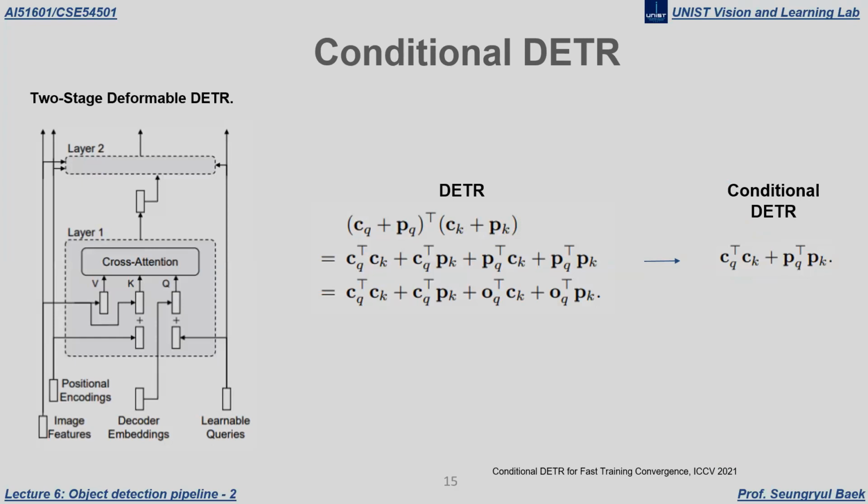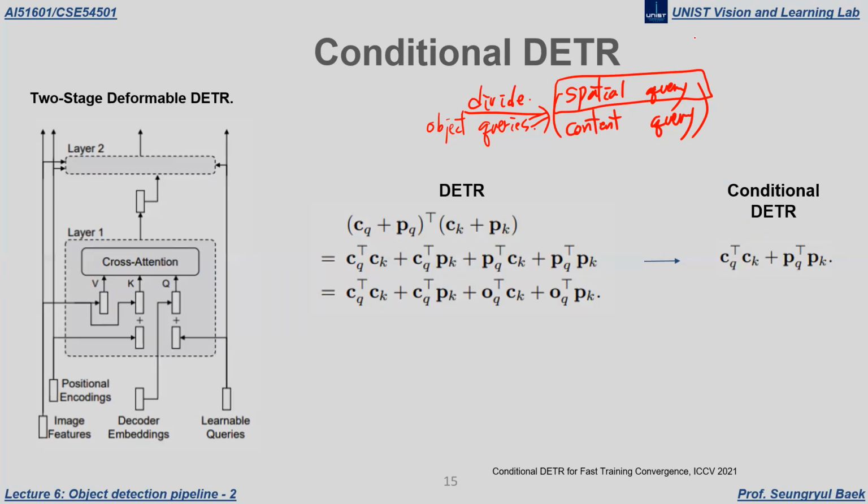And also, they divide queries, the object queries, into two: the spatial query and the content query. The spatial query has some coordinate information, and the content query you can think of as the decoder embeddings without any spatial meaning.